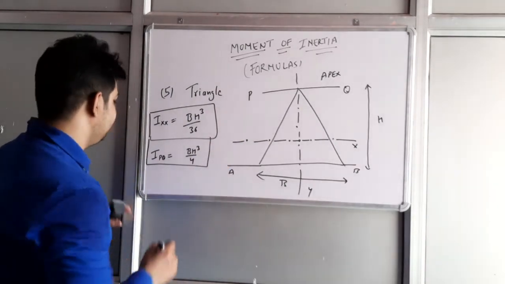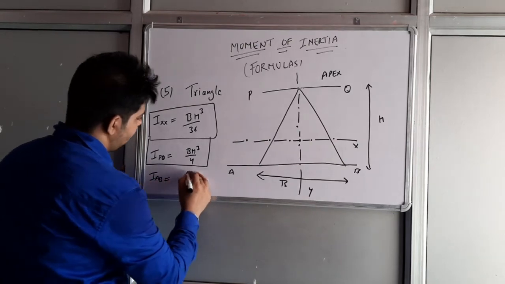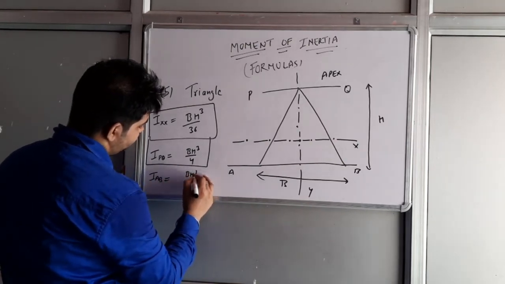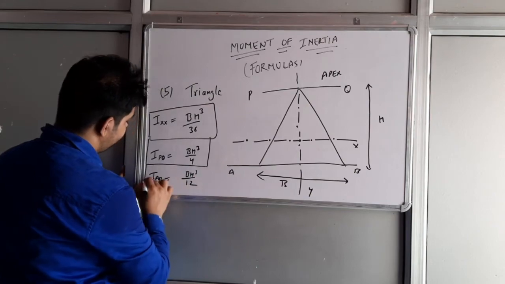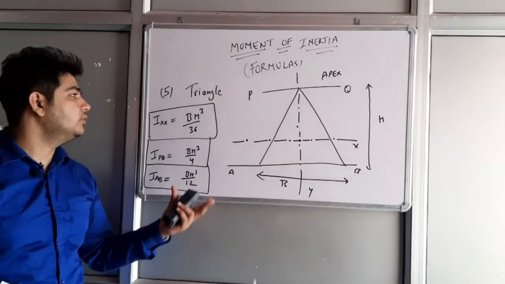For the base it will be b h cube upon 12. So these are the moment of inertia formulas for triangle.